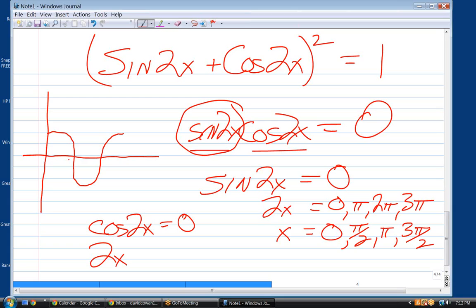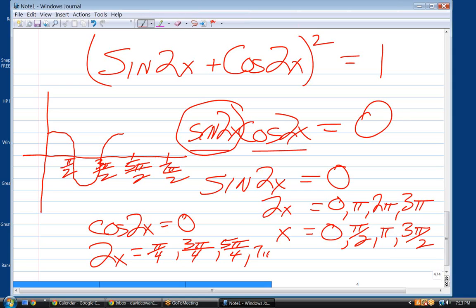So this is at pi over 2, 3 pi over 2, 5 pi over 2, and 7 pi over 2. When I divide each of these by 2 to solve for x, I'm going to have pi over 4, 3 pi over 4, 5 pi over 4, and 7 pi over 4.